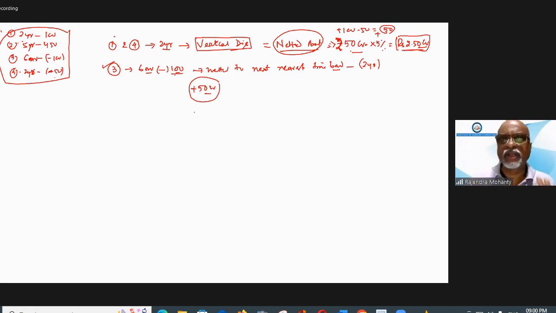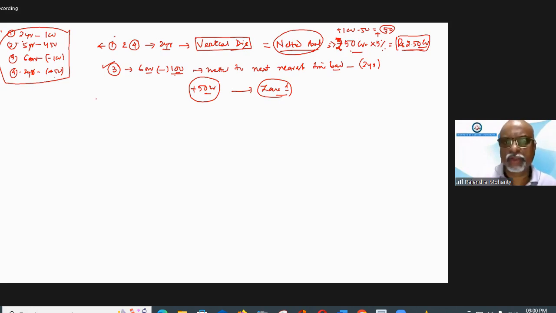So this position of 3 is in which zone? As per the zones I have given, 6 months is in zone 1. Whereas positions 1 and 4 are in which zone?